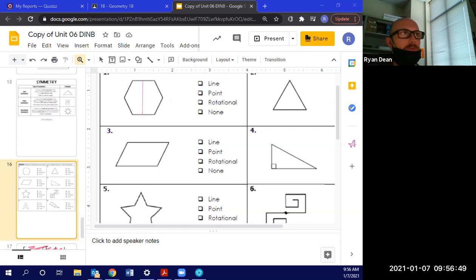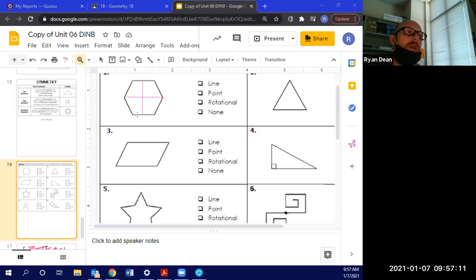And the answer for this one is yes. But that's not the only place that has line symmetry. On this shape as well, you could fold right here, going left and right. You could fold it from the top down, you get the same thing.